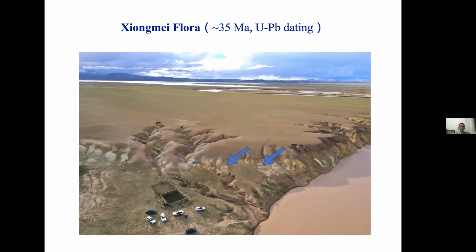The next younger flora is the Xishuangbanna flora. It's also in Nunpala Basin. This photo was taken by Zoan, and you can see at the lower right a river in the central Tibetan plateau, and further on you can see a lake.